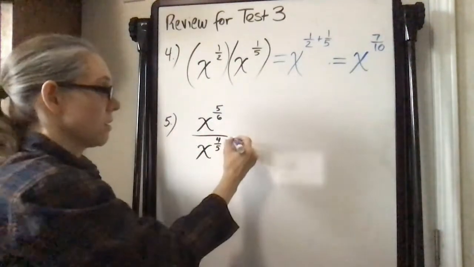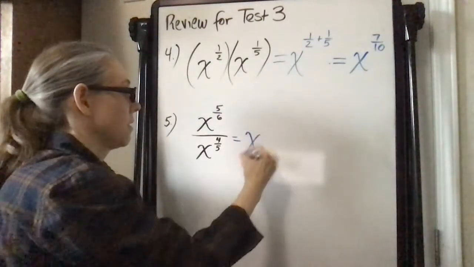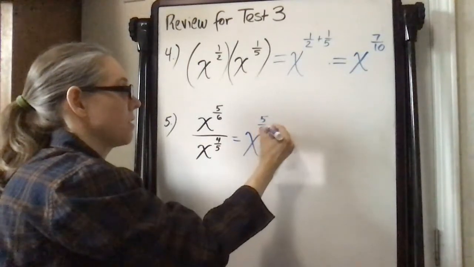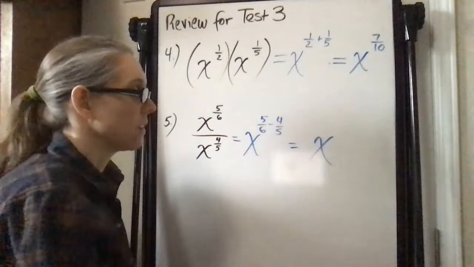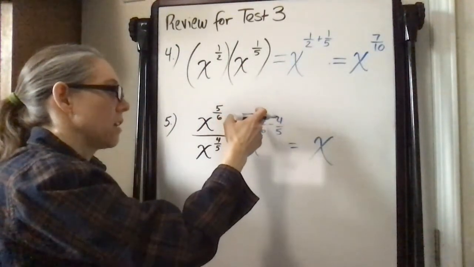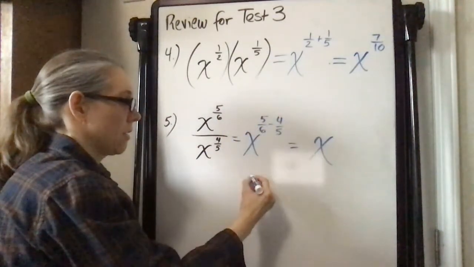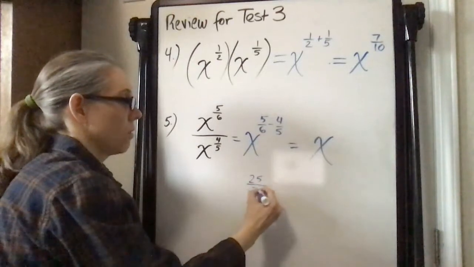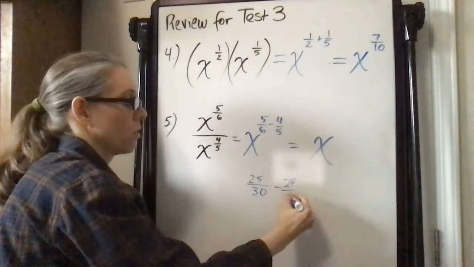For the quotient, instead of adding the exponents, you subtract. So we have x to the 5/6 minus 4/5. To combine these, again, we need a common denominator. 5/6 is the same thing as 25/30, and 4/5 is the same thing as 24/30.